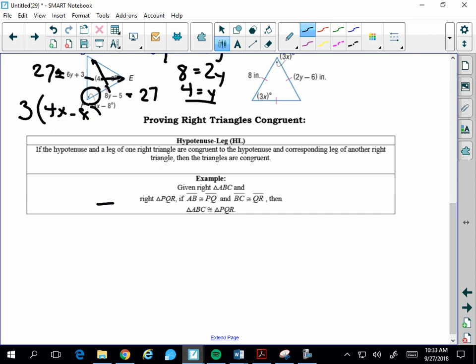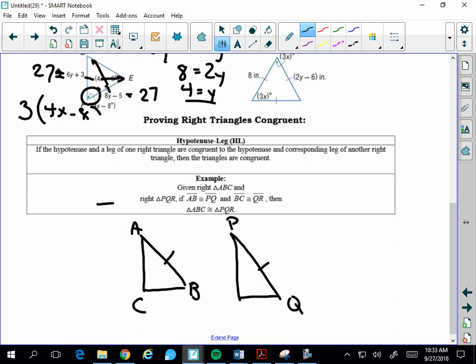AB is my hypotenuse here, PQ is my hypotenuse here. They told me that those two are congruent, and then they're going to say BC is congruent to QR.